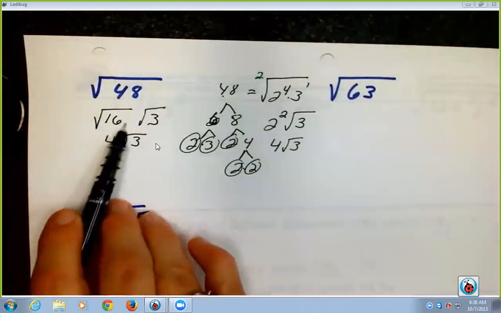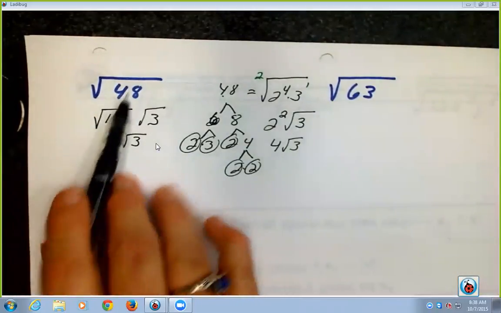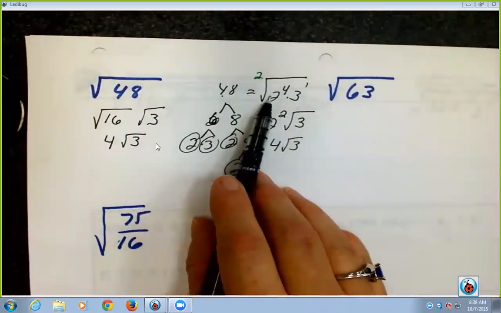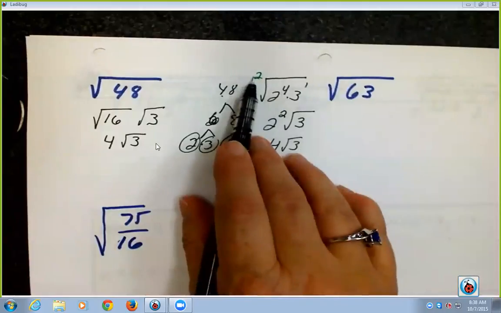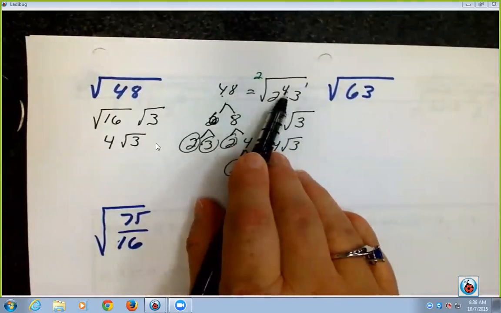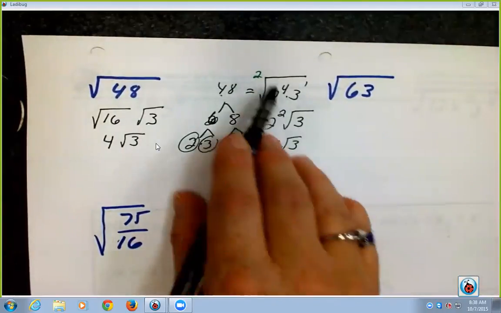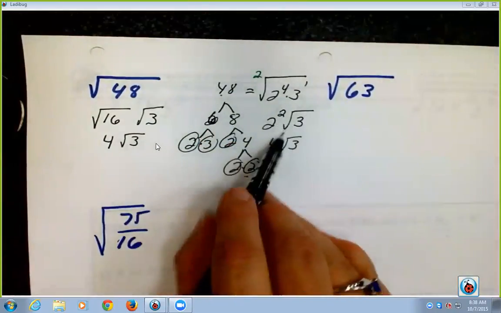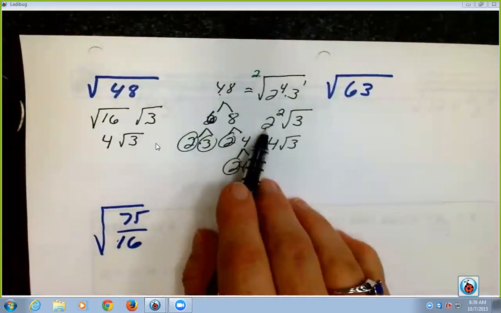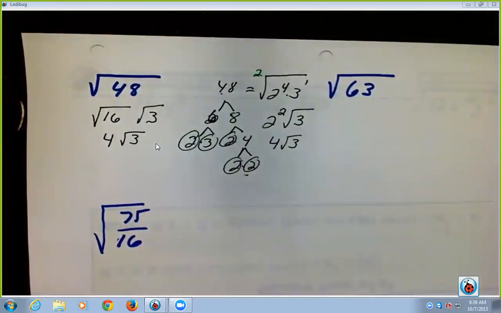Like over here, I had to figure out, okay, what can I break out of there? I didn't have to do that in this case. All I did was break it down to its prime factorization, looked at my index and said, how many times does it go in there? Pulled that number out. So 2 went into 4 twice, pulled out the base of 2, squared, left the 3 underneath the radical, squared my 2, and ended up with 4, the square root of 3.